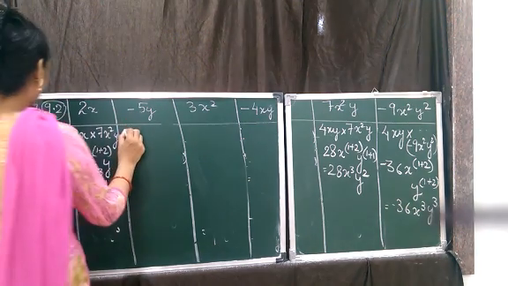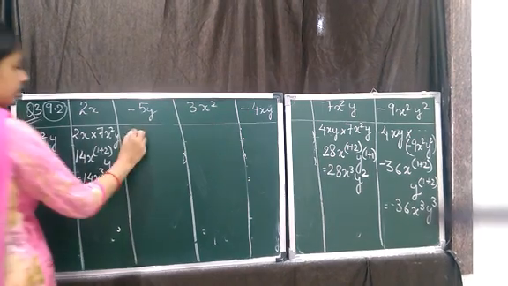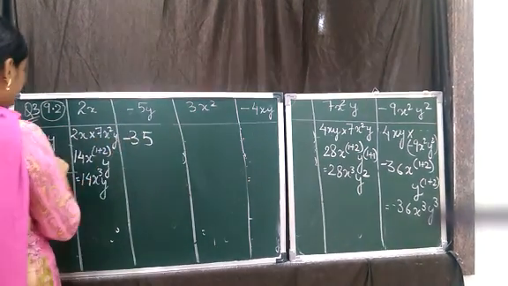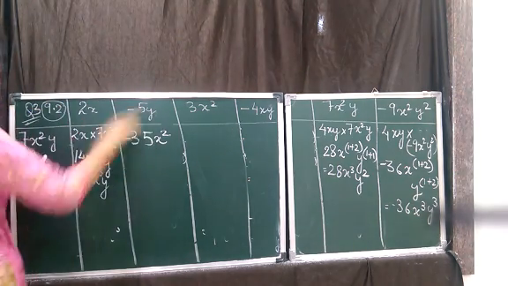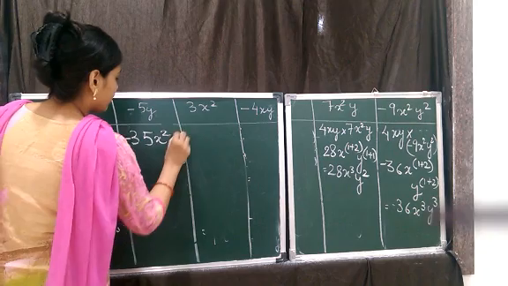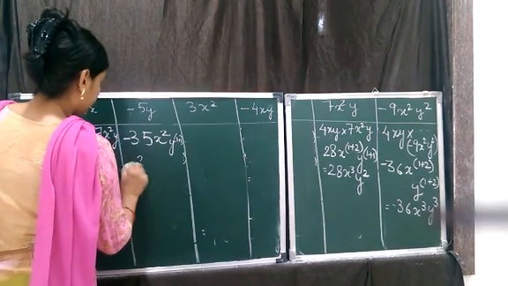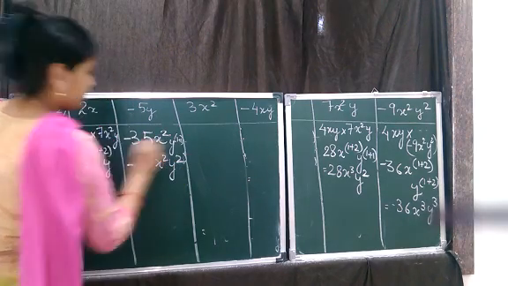Then again 7. Now we can write directly also. 7 5s are 35 and minus. Power of x remains the same because x is not common but y is common. So y's power can be added. So it is minus 35 x square y square.